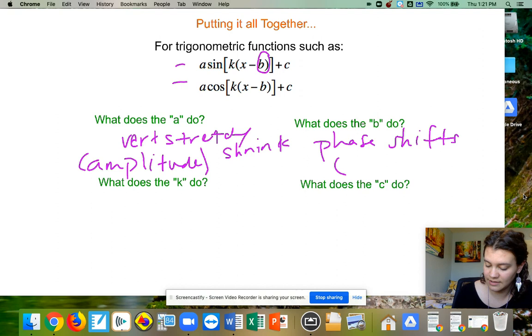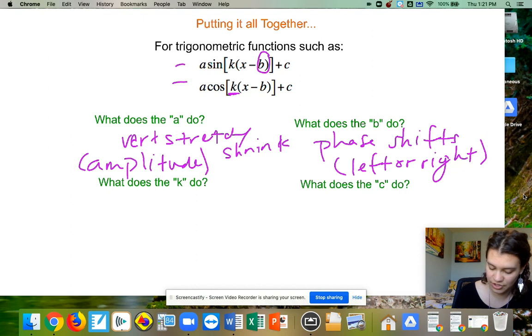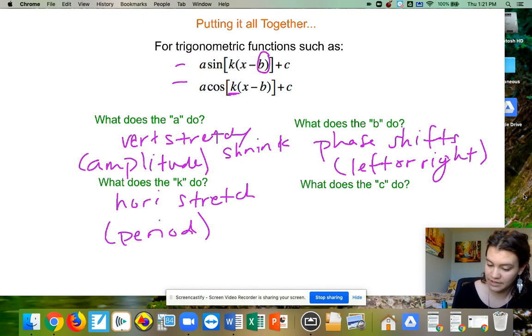So that's left or right. And then the k right here is going to be a horizontal stretch. What that is going to do is change your period. And then the c value at the end is your vertical shift, so going up or down.